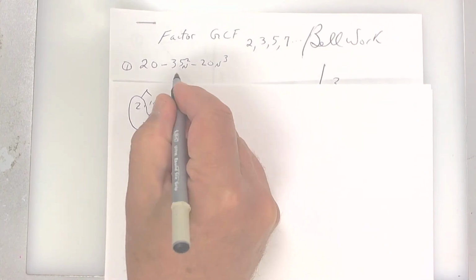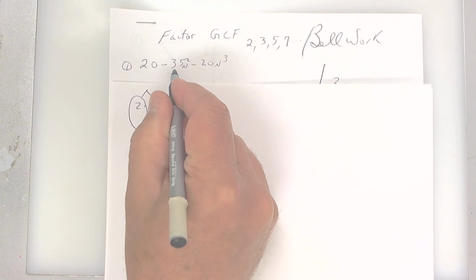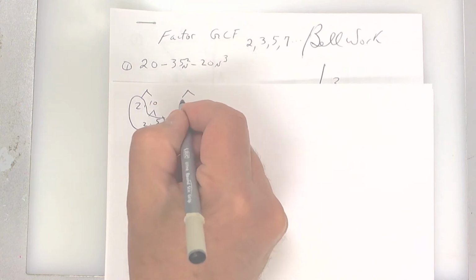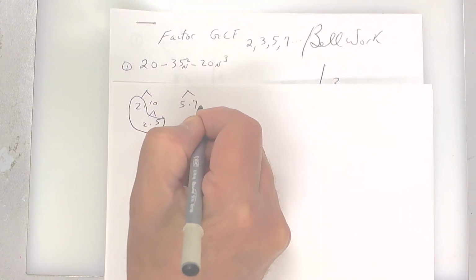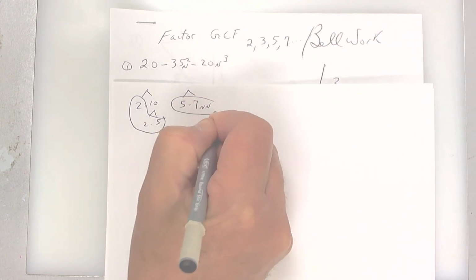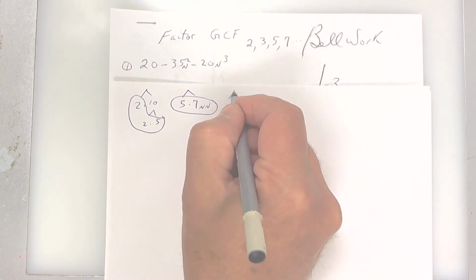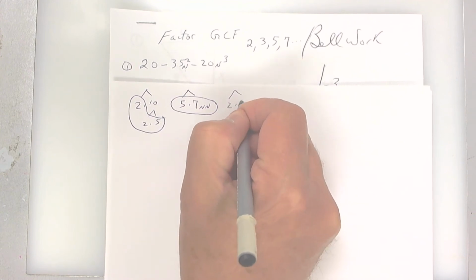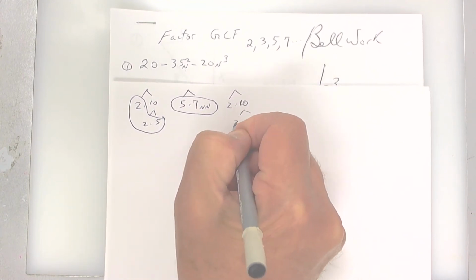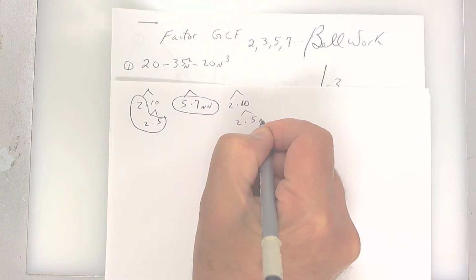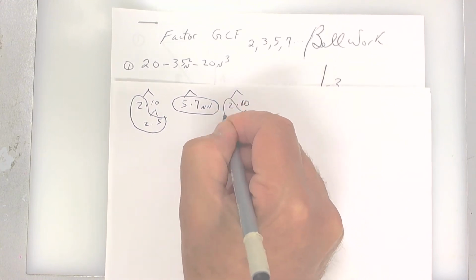This one, 2 doesn't work, 3 doesn't work, 5 does work. 5 times 7, and then 2 n's, n squared. Right here, it's going to be 2 times 10 is 20, and then 2 times 5, and then 3 n's.